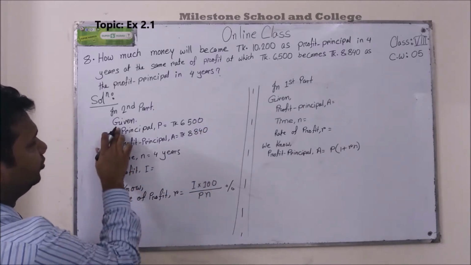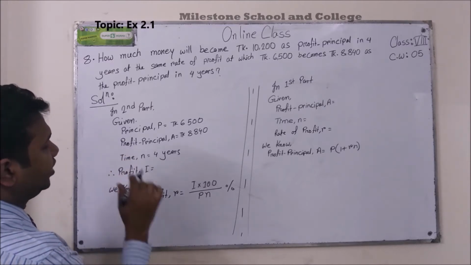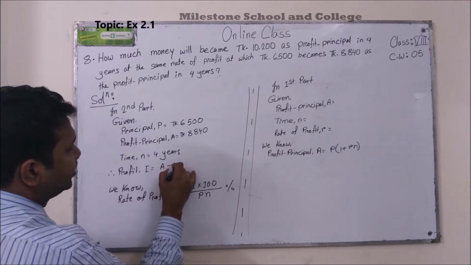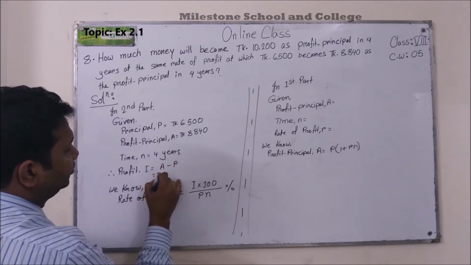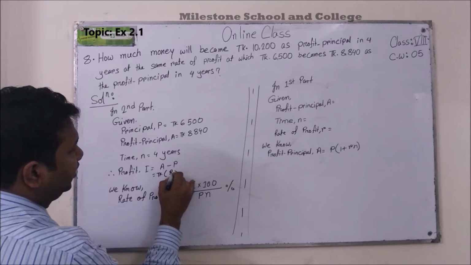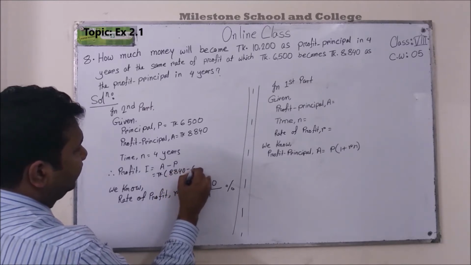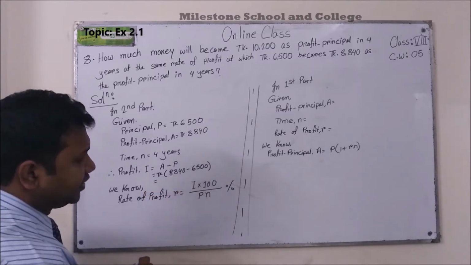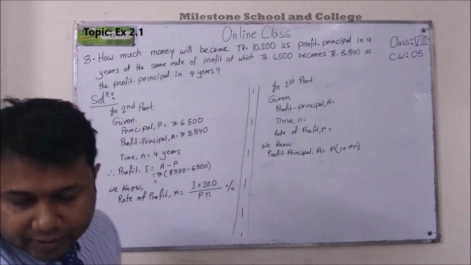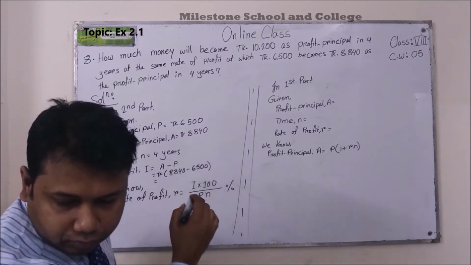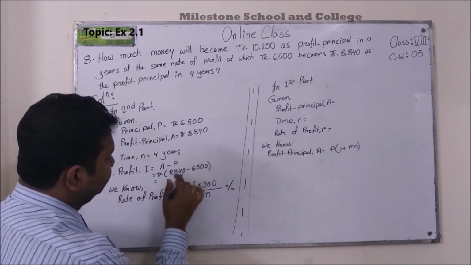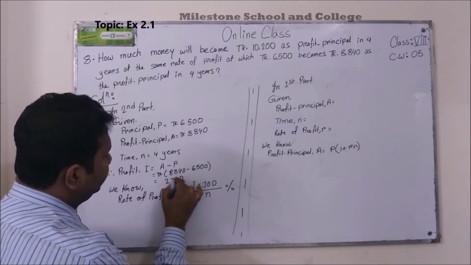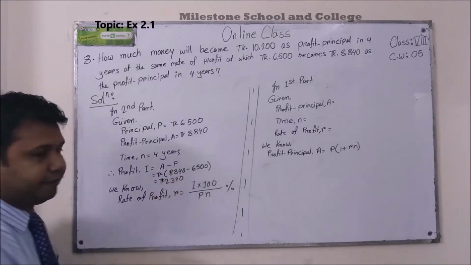From these two, principal and profit principal, we can find out profit I equal to A minus P, that equals taka 8,840 minus 6,500. If we subtract, we will get 2,340 taka. That is our profit.